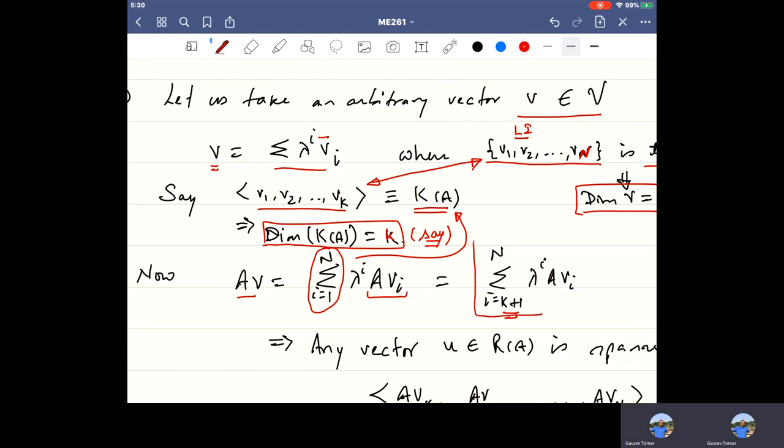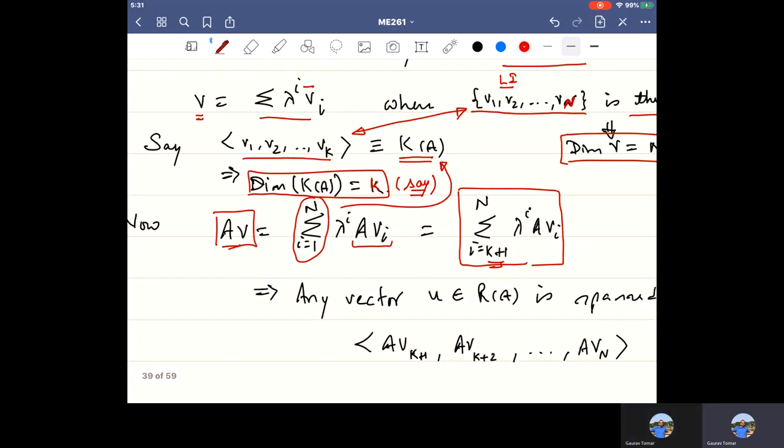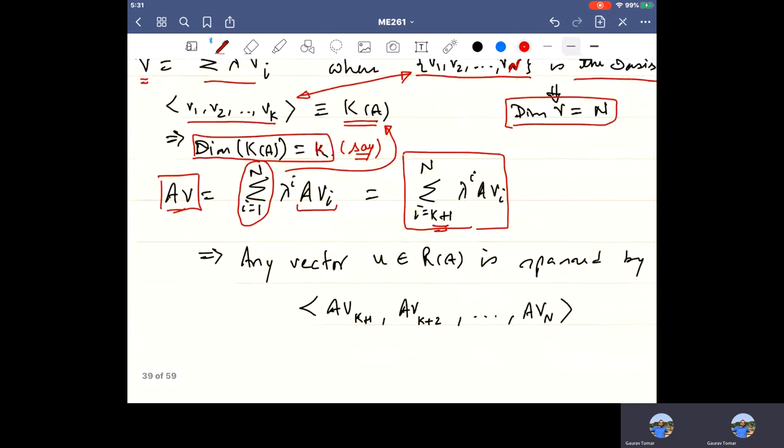So that's what your mapping will look like. Other vectors are getting mapped to 0. Okay. So any vector u which is part of the range of A can be represented as a linear combination of A v i, where i runs from k plus 1 to n. So this essentially spans the range of A.